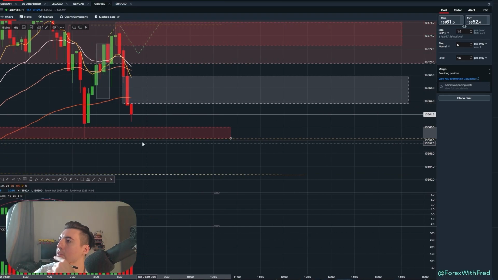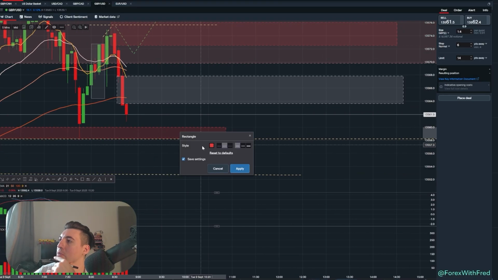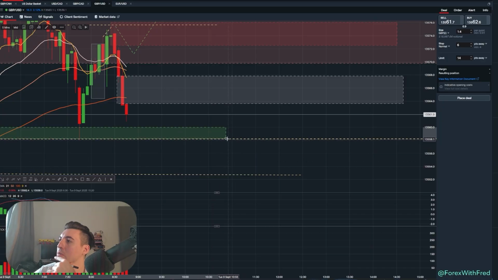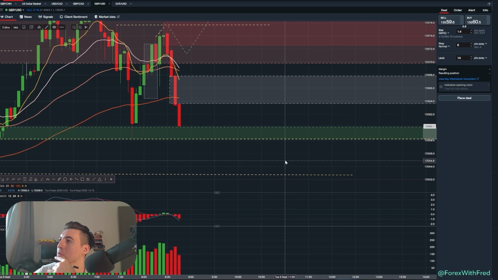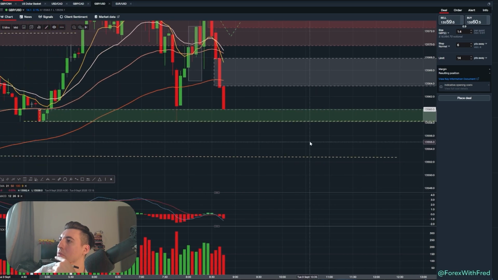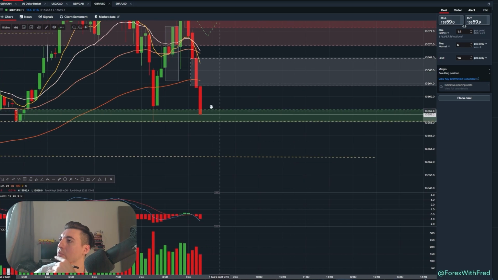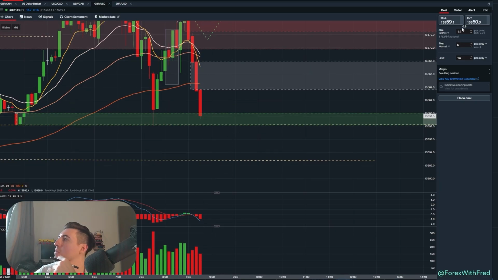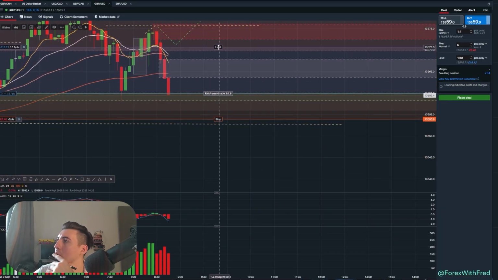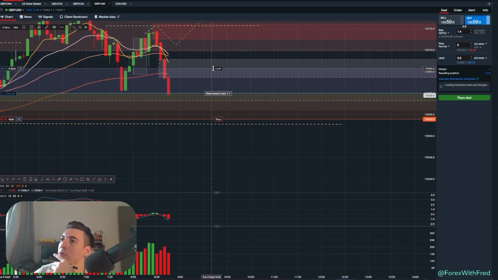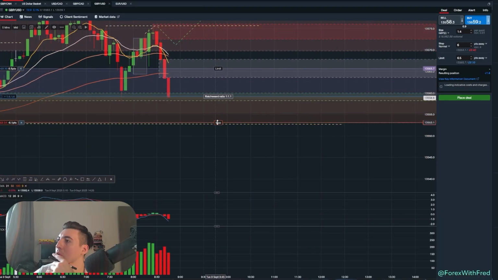Seems rather validated as a demand zone. Okay, so we're going to see a reaction happening here. Should do. I have to do a very, very small trade.